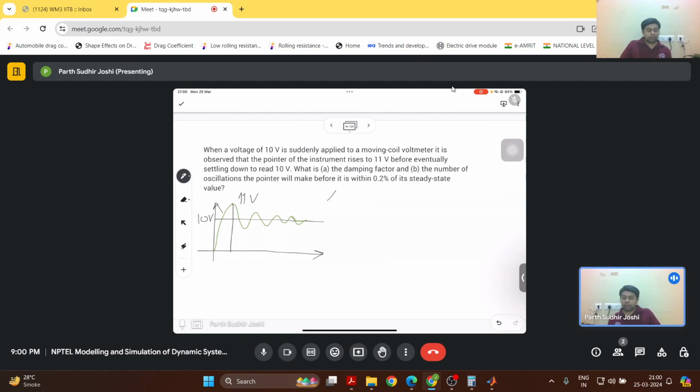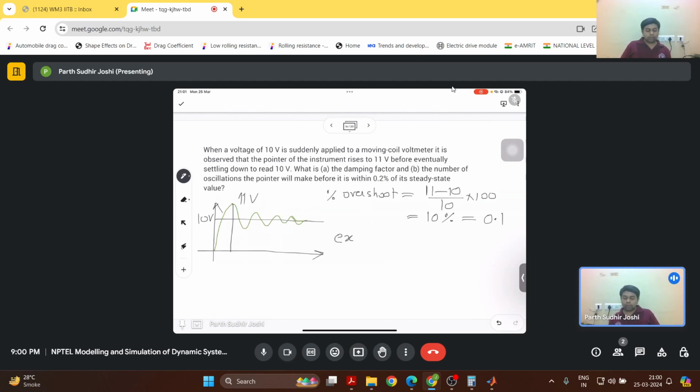So the percentage overshoot will be 11 minus 10 divided by 10 into 100, which is 10%, which is 0.1.